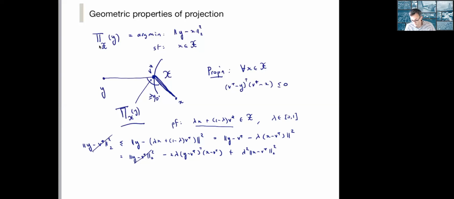Now, if we want, we could divide by lambda and see what happens when we take lambda to 0. It's the same as just noting that the second term is quadratic in lambda, and the first term is linear in lambda.